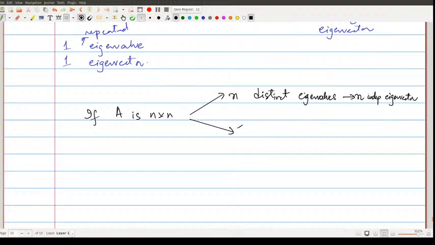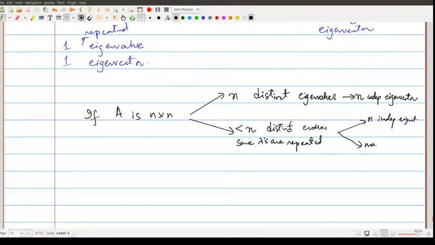But if it has fewer than n distinct eigenvalues, which is another way of saying some lambdas, the eigenvalues, are repeated, then there are two possibilities. It may have n independent eigenvectors, or it may have fewer than n independent eigenvectors.